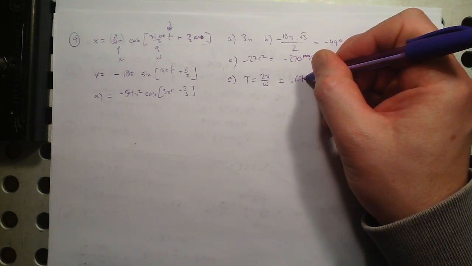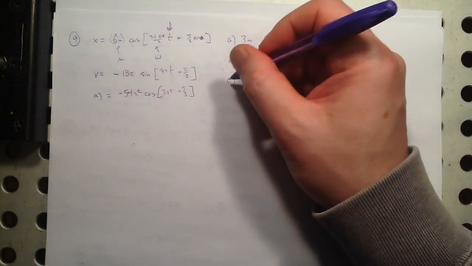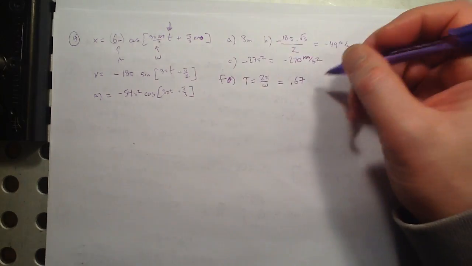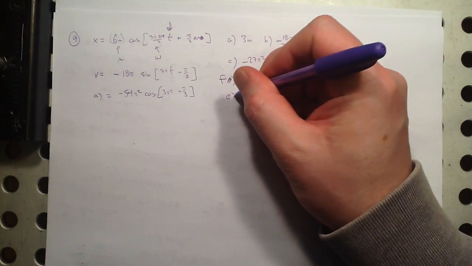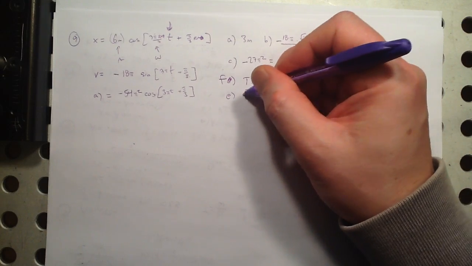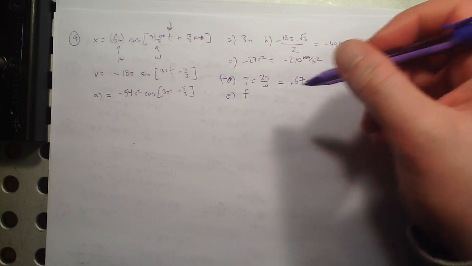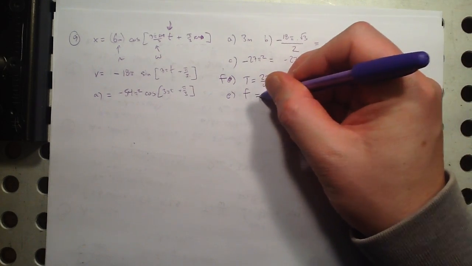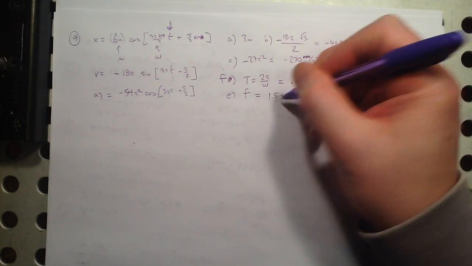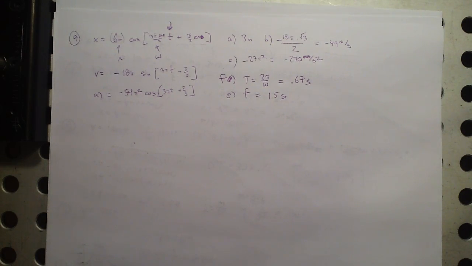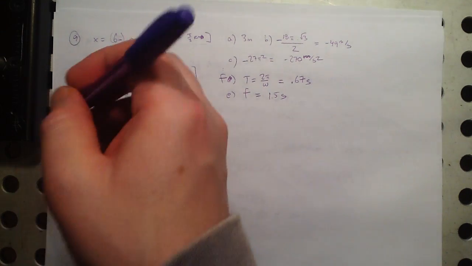Oh, did I do this backwards? I think this is F, sorry, and then E is the period, or the frequency, rather. So if the period's 0.67 seconds, if I flip that over, instead of 2/3, it's 3/2, so that's 1.5 seconds. Right?